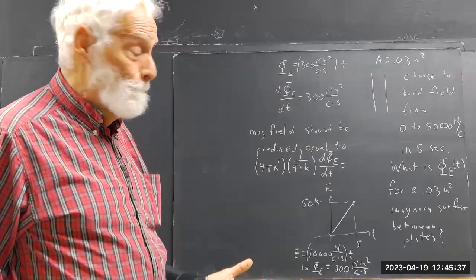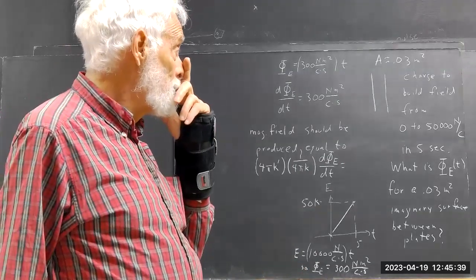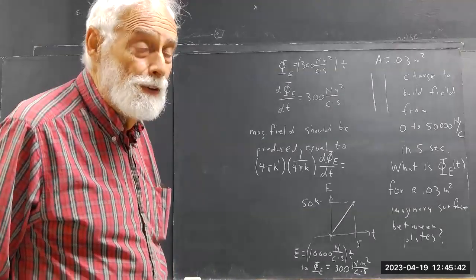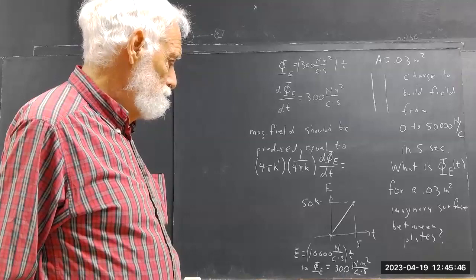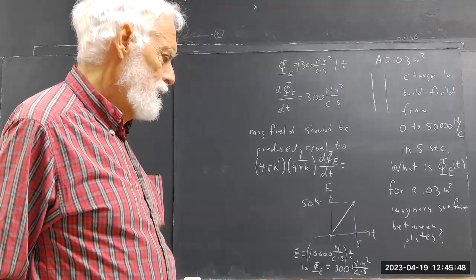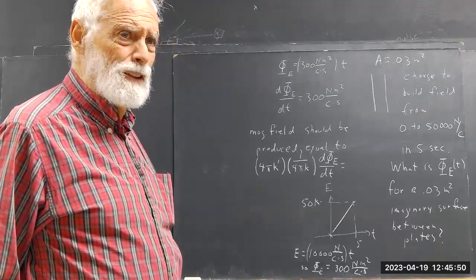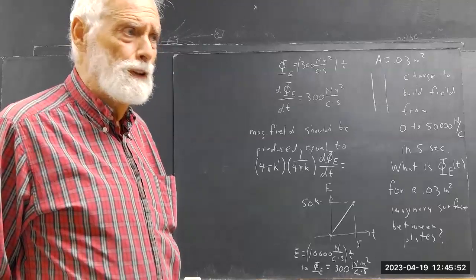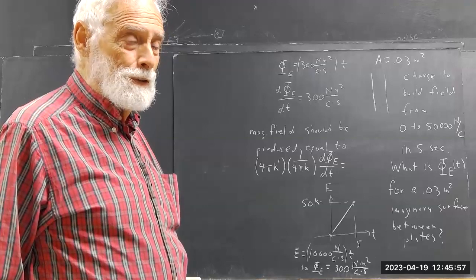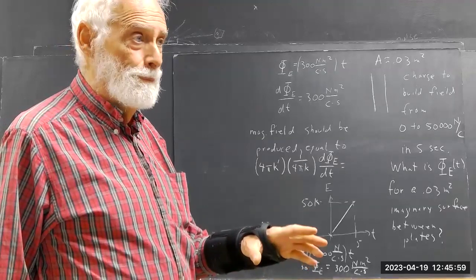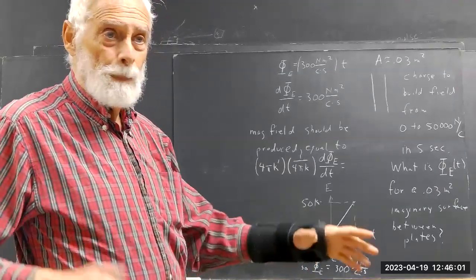A microsecond is 10 to the negative 6 seconds, so we get a factor of maybe 10 to the 7th. That would give us on the order of 10 to the negative 10th tesla. I don't think we can detect that with our instrumentation. So I think it's safe to do this without messing up all the compasses in the columns.